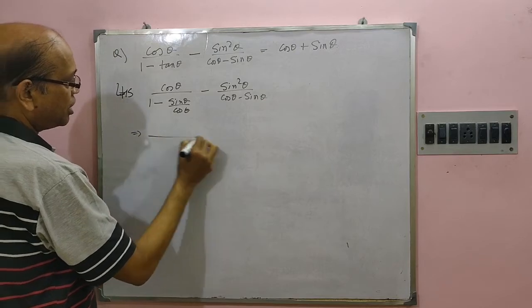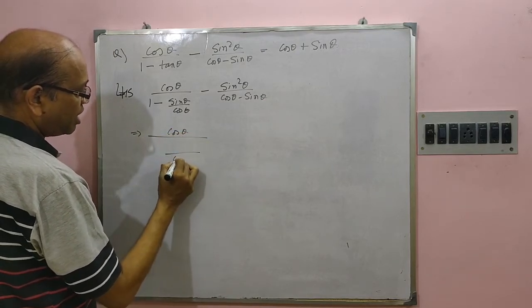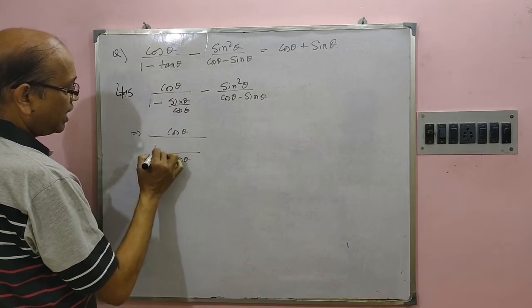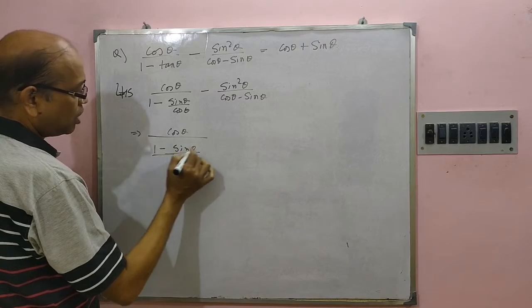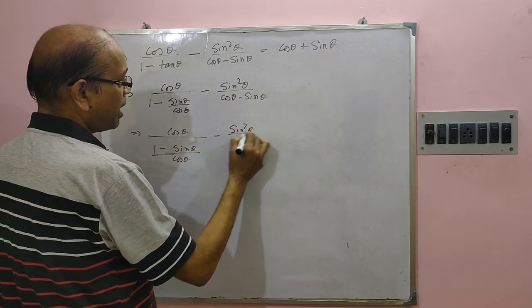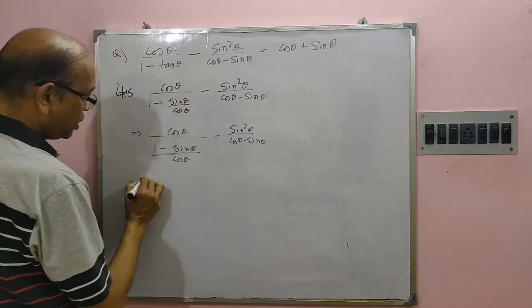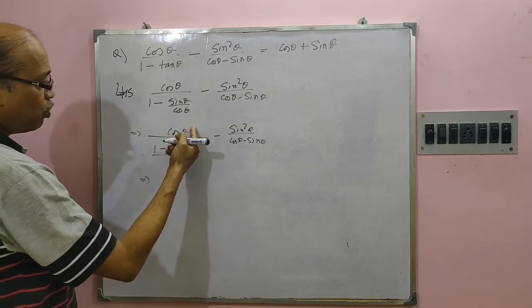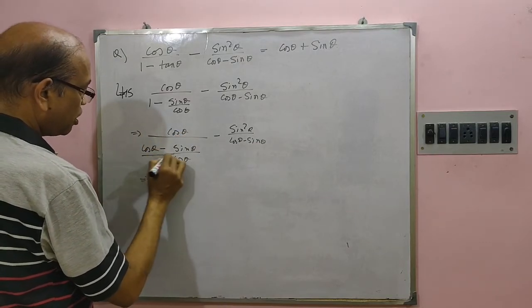Then here cos theta, I take the LCM as cos theta, I get 1 minus sin theta minus sin square theta by cos theta minus sin theta. Here this cos theta will go up here, this will be cos theta minus sin theta.